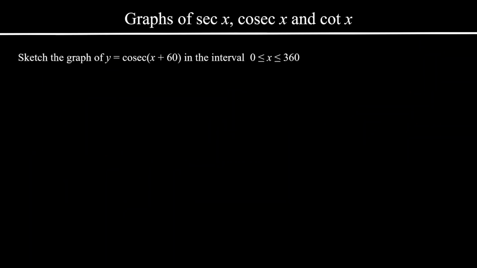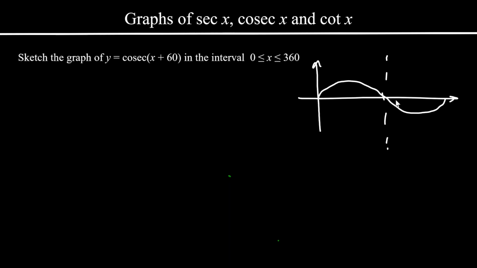Sketch the graph of y equals cosec of x plus 60. So it's a shift of 60 degrees to the left in the interval 0 to 360. The sine graph looks like this. Then the cosec graph looks like this.